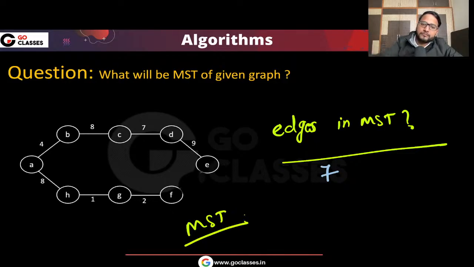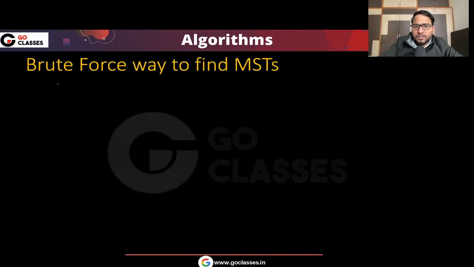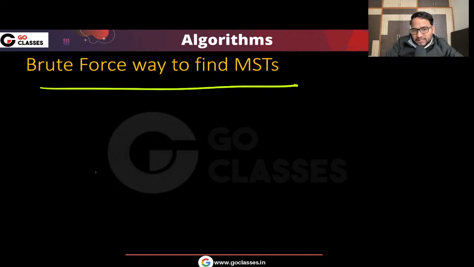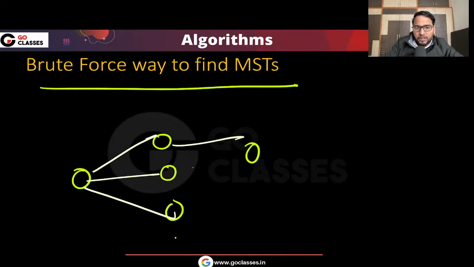Okay. Now, what is a brute force way to find the minimum spanning tree? Let's suppose this is a graph that you have, with many vertices, and so on, right?